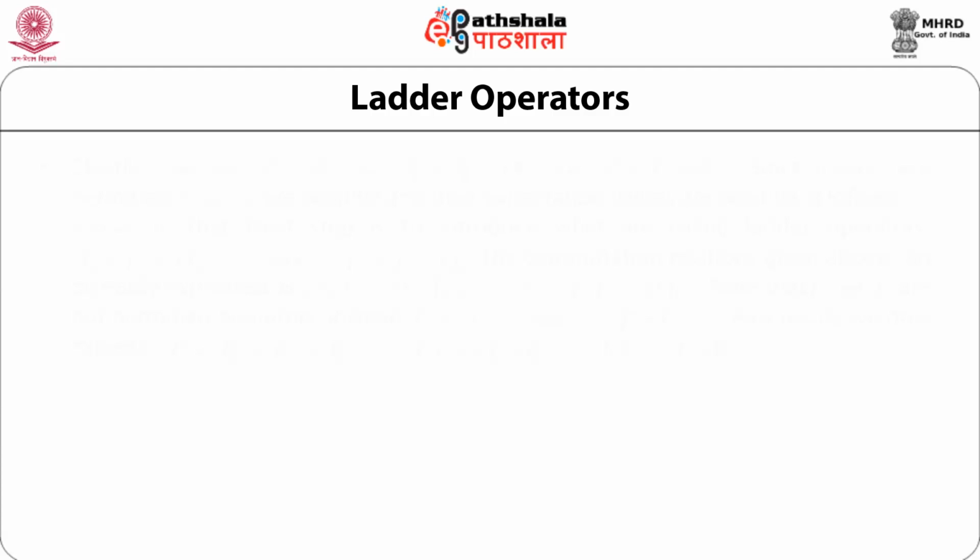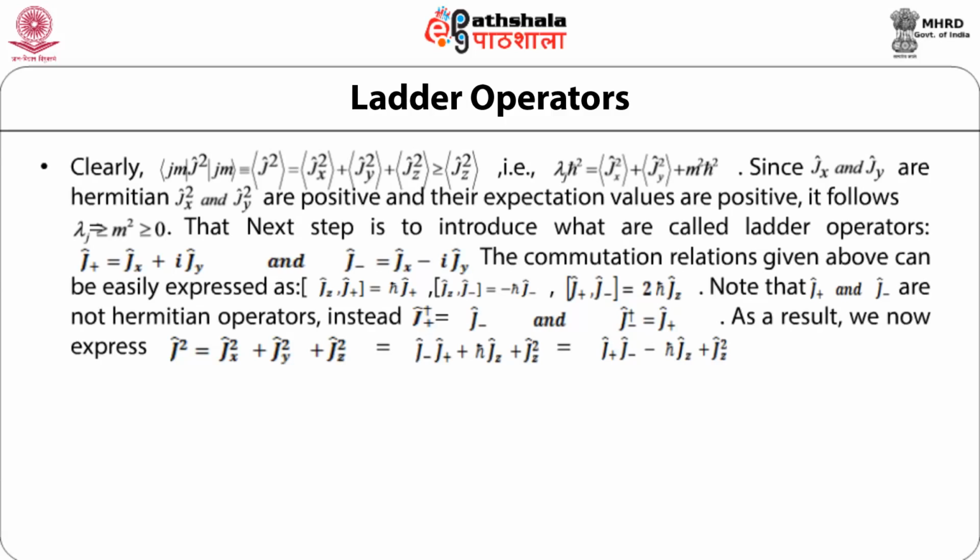Ladder operators. Using the relations defined above, one can clearly see that <j m| J squared |j m>, which is equivalent to the mean value of the operator J squared, is equal to the mean value of the operator J_x squared plus the mean value of J_y squared plus the mean value of J_z squared, and this is greater than or equal to the mean value of the operator J_z squared.